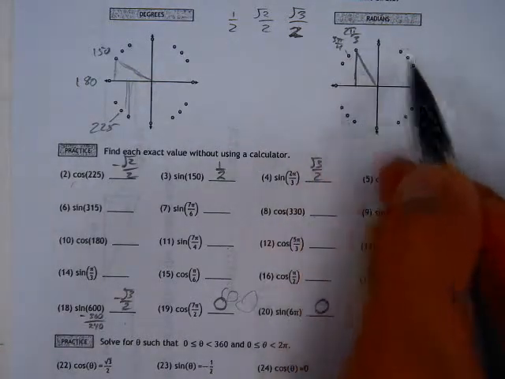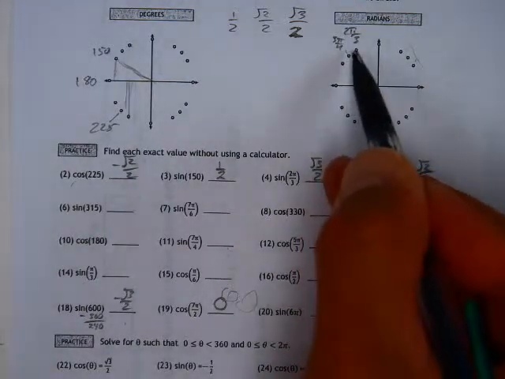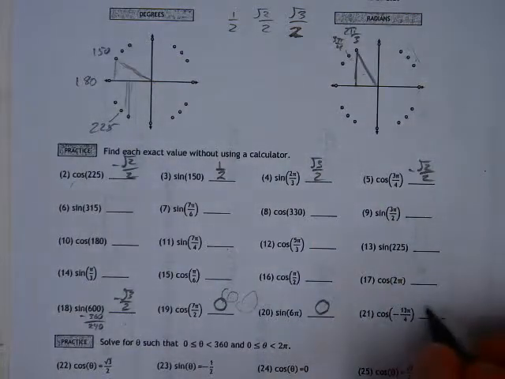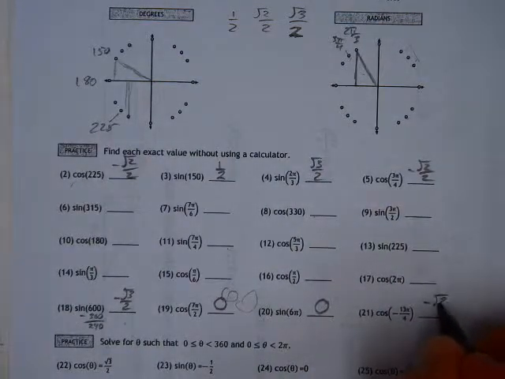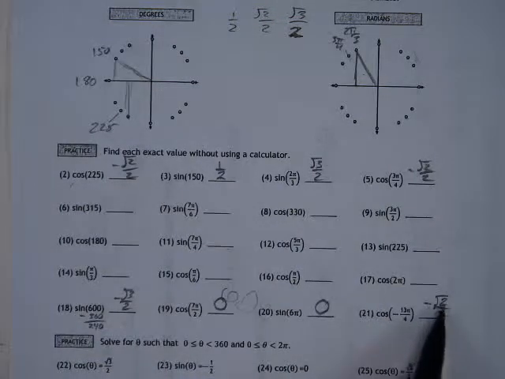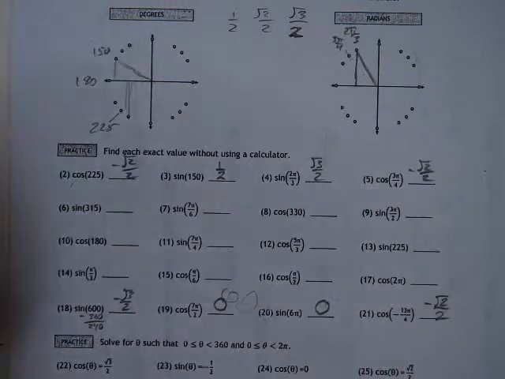So 13 pi over 4 negative would be up in the second quadrant. Cosine is still negative in the second quadrant, so it's negative root 2 over 2. And if you thought about it, it's cosine, it's denominator of 4. The answer is going to be root 2 over 2. You could almost flip a coin and hope for the best to get it positive or negative, but you should do better than that. So there's the first one.